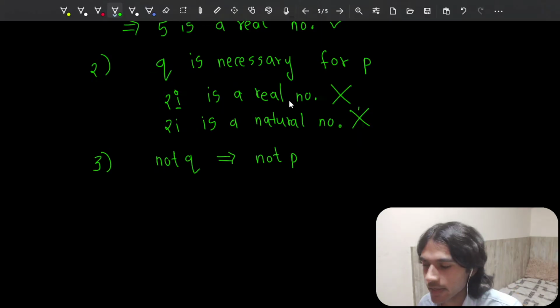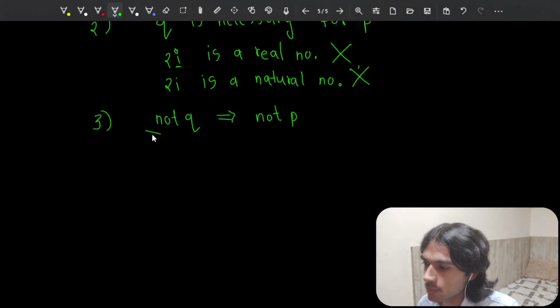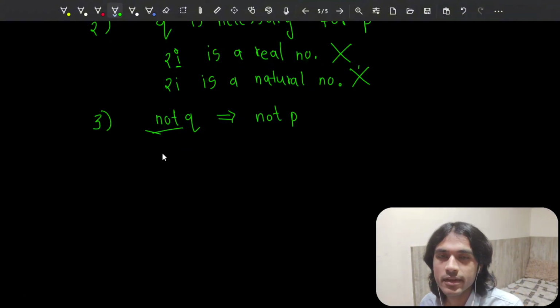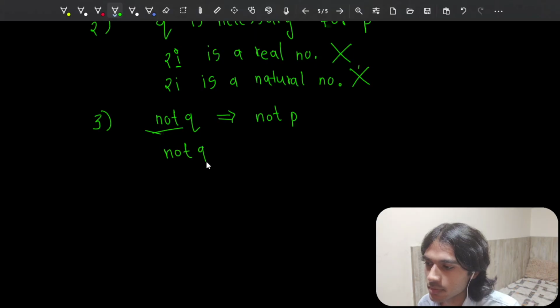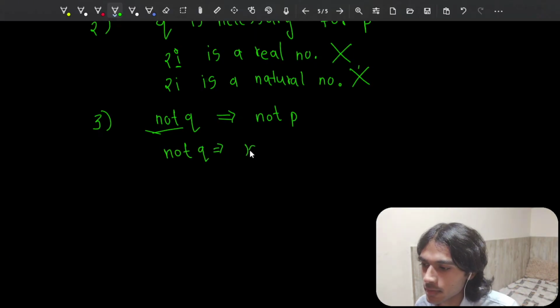Just notice that I have changed the statement consideration from Q to not Q. So let me just define. What I meant when I say not Q: let's say we know Q is a statement where X is a real number. So not Q will become what? Negation of Q, which will imply X is not a real number, right?